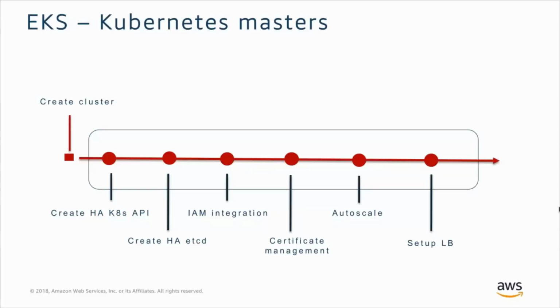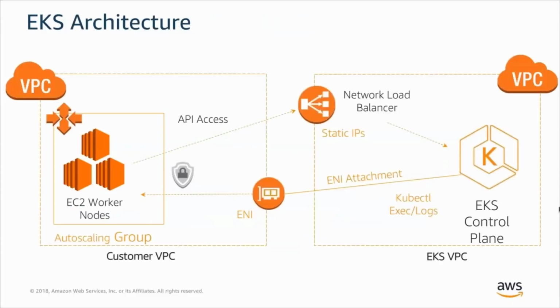We also provision etcd nodes, and we also give you a capability to integrate with IAM, as well as certificate management. And then we also take care of auto scaling and give you a single endpoint using a load balancer, which is actually a network load balancer that you'll see in the next diagram here.